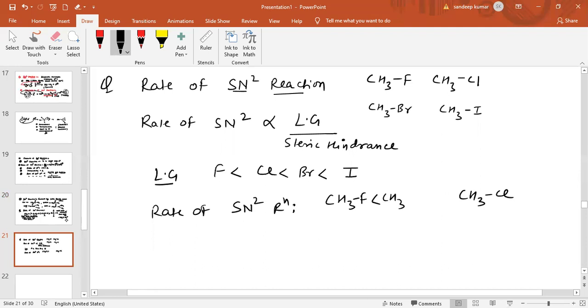So the order is CH3F, CH3Cl, then CH3Br, and then CH3I. This is the correct order of SN2 reaction based on the leaving group tendency.